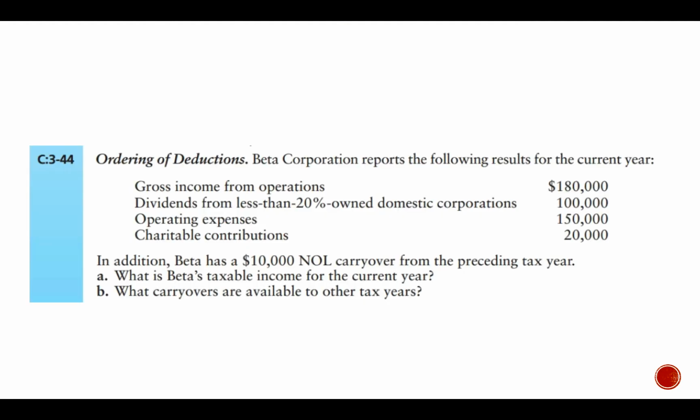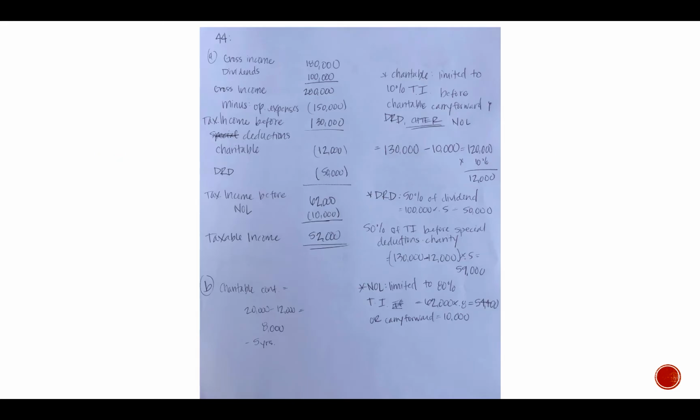Now remember we measure it by determining what kind of property it is in our hands, whether capital or operating, and we decide if we measure it at fair market value or adjusted basis. They've already done that for us. They've looked at all the things that we donated and measured them for us, and they measured them at $20,000. So we need to see what limit is going to apply. We look at taxable income before charitable carry forward and dividends received deduction, but after the net operating loss.